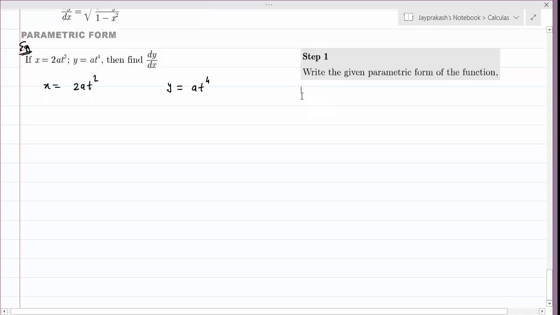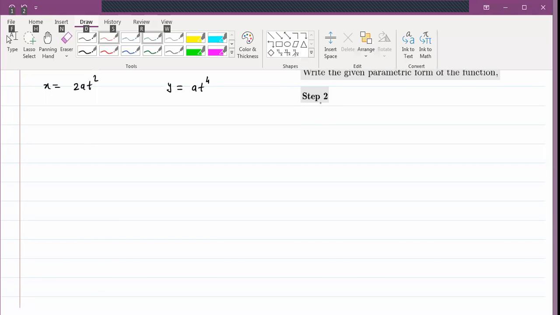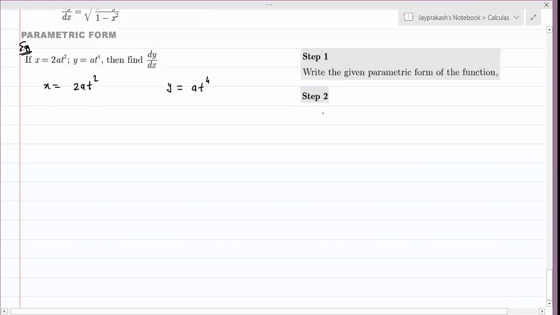So in step number 2, we will find dx by dt and dy by dt. So we have identified the parameter, then we have to differentiate x with respect to t and also y with respect to parameter t.